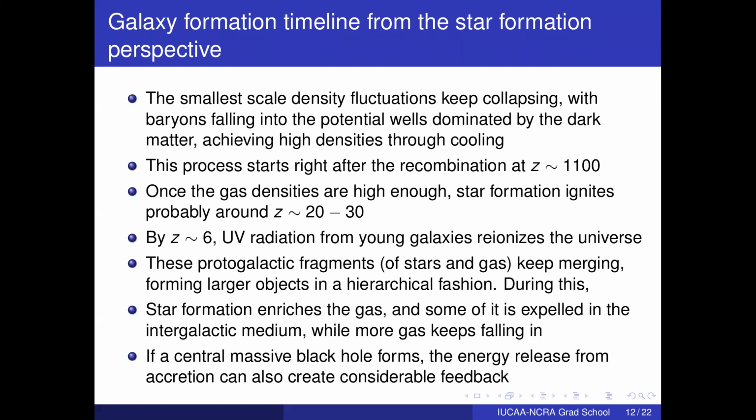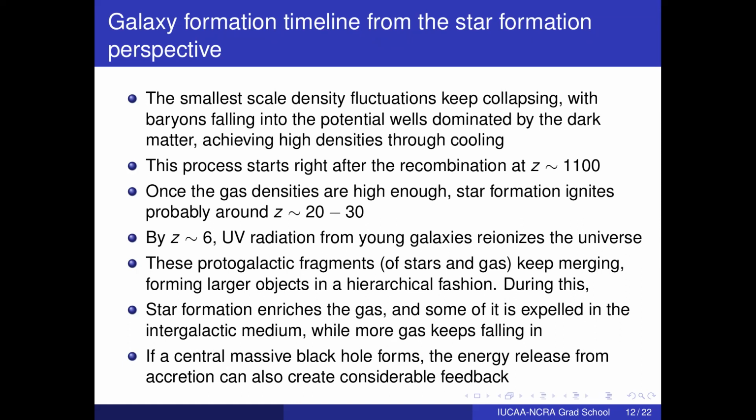Cooling is more efficient at higher densities than at lower densities, because you can have other modes of cooling at high densities, conduction or convection and things like that. If you have very low densities, you can only have radiative cooling. This cooling process starts right after recombination. Once the gas densities are high enough, star formation ignites.